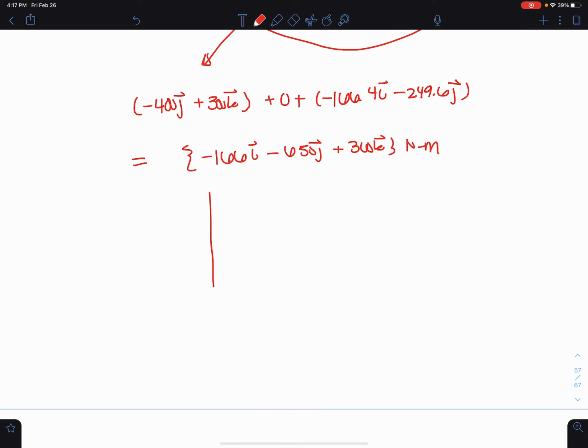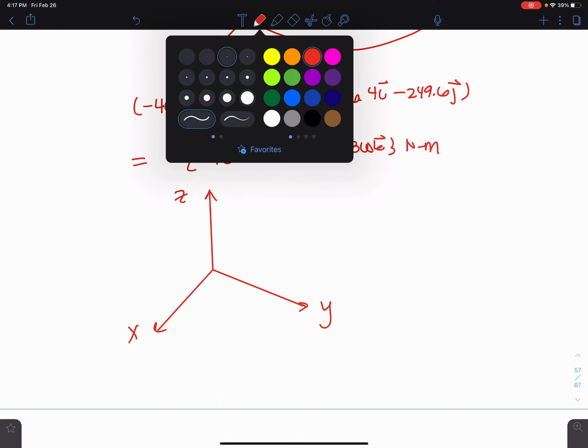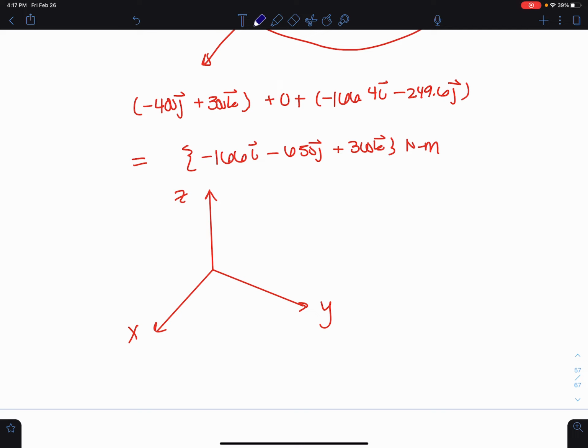And what I'm basically saying is the final system looks something like this. So I have my resultant force, and then I have my resultant moment that acts about, well, not the parallel axis.